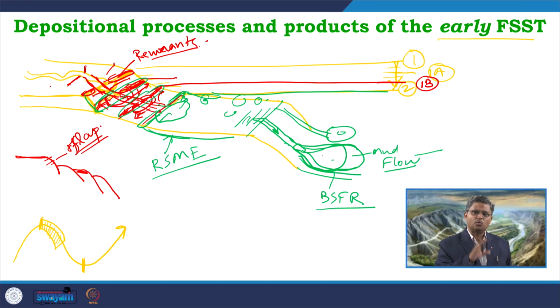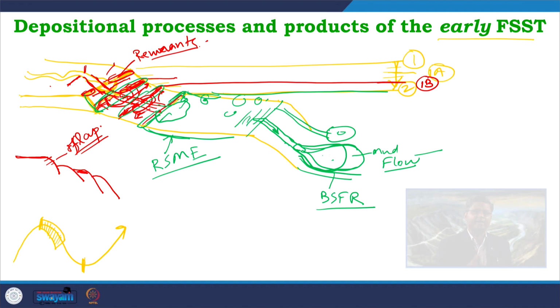Those sands will be captured within the shore environments and then they will be reworked further and distributed towards the downstream direction as the base level position is there, as the shoreline position is there, and they will form a new shore. So, dominantly the sand deposits will be confined over there. Most of the sand that accumulates during this stage is captured within detached and offlapping shoreline to upper shoreface systems.